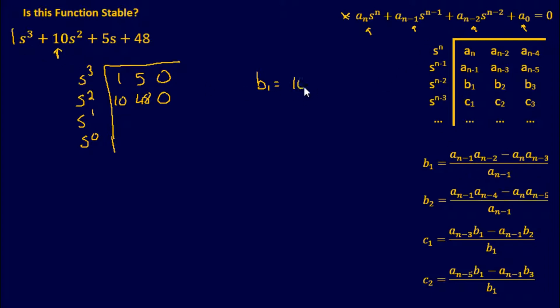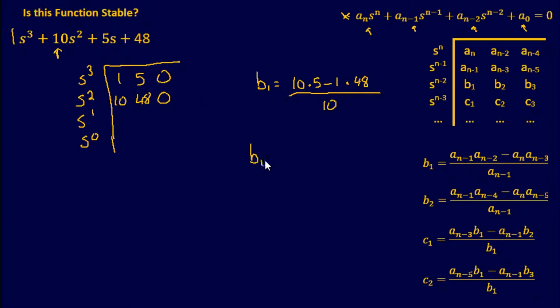It's going to be 10 times a sub n minus 2, which is 5. And that's going to be subtracting 1 times 48. Because this one's 1, that one's 48. Okay? And that's going to be over a sub n minus 1. So it's going to be our second variable, which is 10.